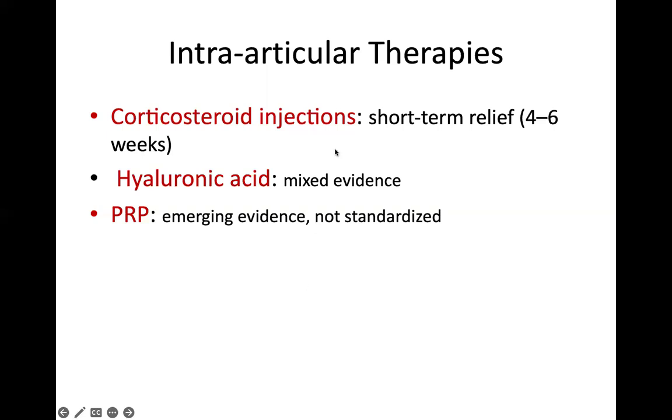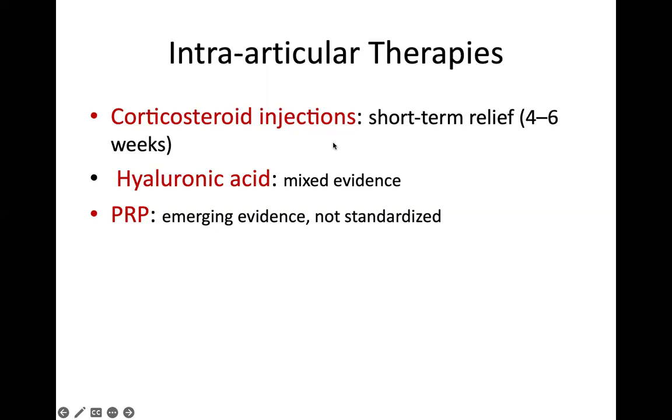Steroid, why is that? Excellent, it gives fast improvement. Yes, yes. So Dr. Iman, in flare of arthritis, what's better to use?